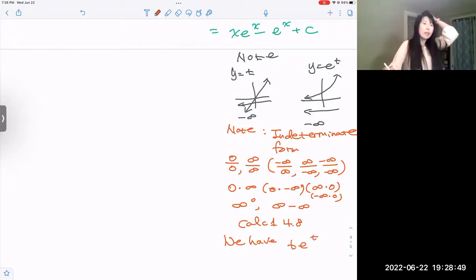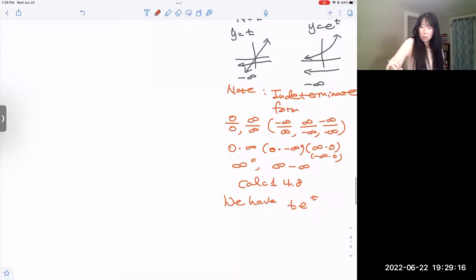All right, now how do we do this? It's an indeterminate form, so we can apply L'Hopital's rule, right? In order to apply L'Hopital's rule, it must be in fraction form, so that we can differentiate the numerator and denominator respectively, right?